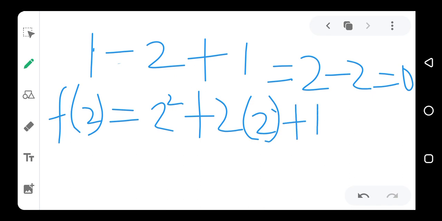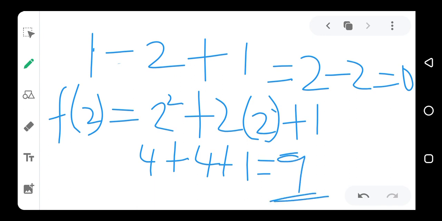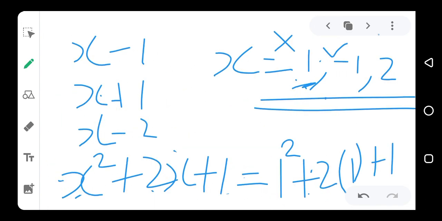This is going to give us 2 squared is equal to 4 plus 2 times 2 is equal to 4 plus 1. This is equal to 8 plus 1, which is equal to 9. So this is not equal to 0, and that means that 2 is not a true root of the function or a true root of the expression. The only root of the expression in the options given to us is minus 1.